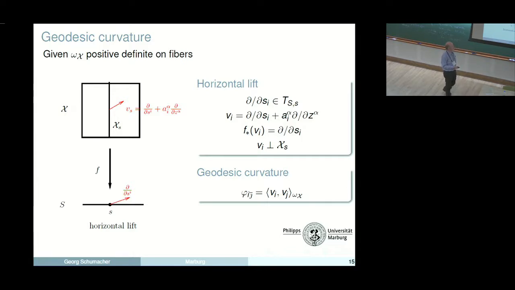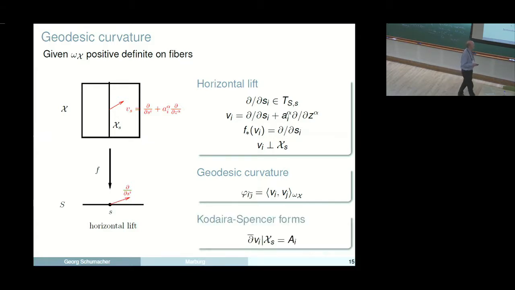So this is the inner product of horizontal lifts. And we could see that the Kodaira-Spencer map is given by the edge homomorphism of the short exact sequence we had been looking at.